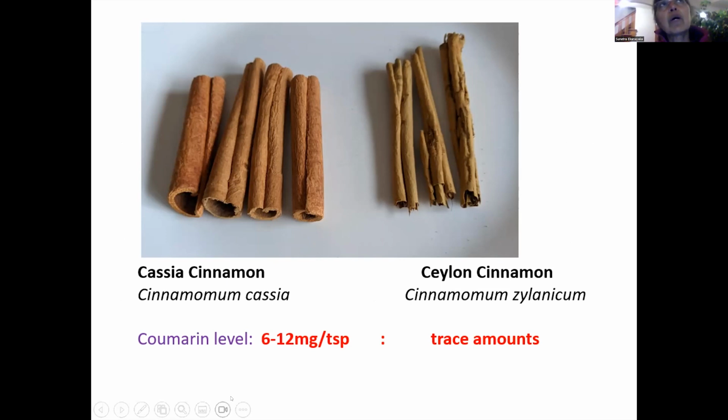When you think about how much coumarin you have in 1 teaspoon, whatever the milligram number is that I cannot remember now, that's okay to consume as long as you don't consume a couple of teaspoons daily, to build up that toxicity in your liver.